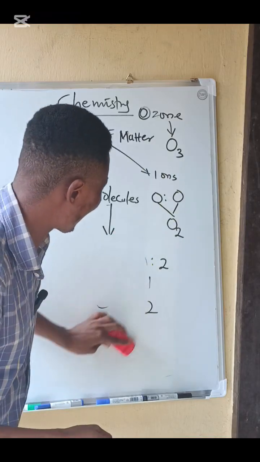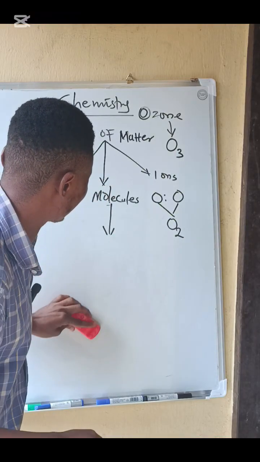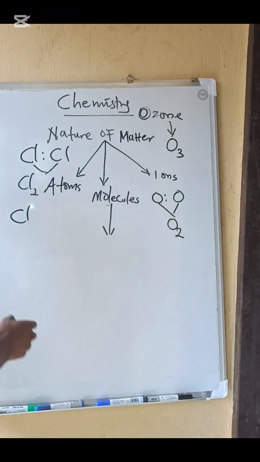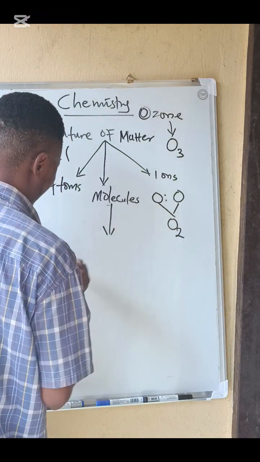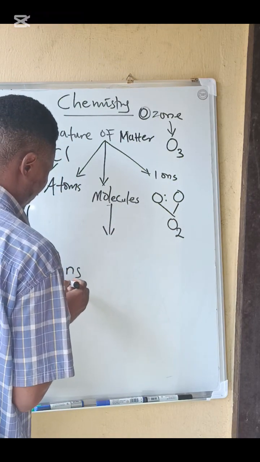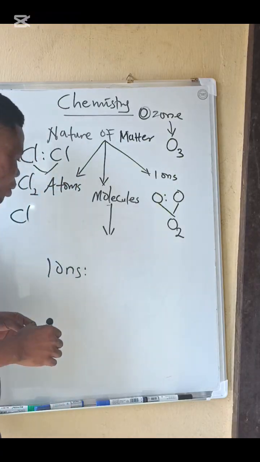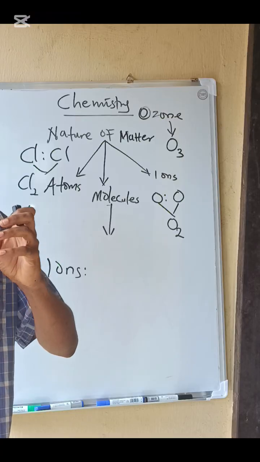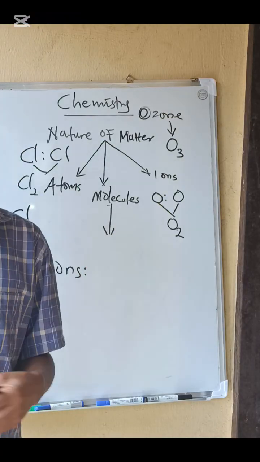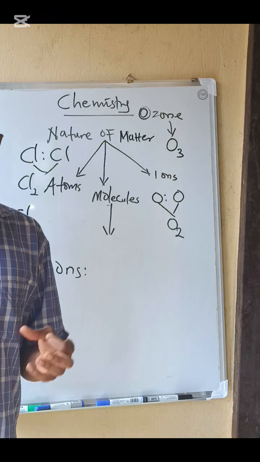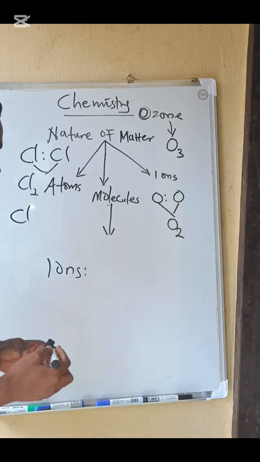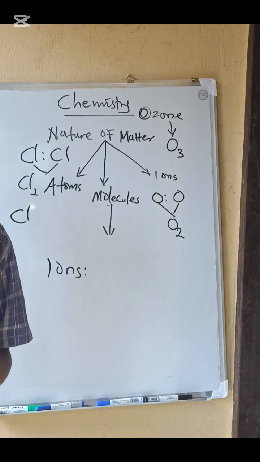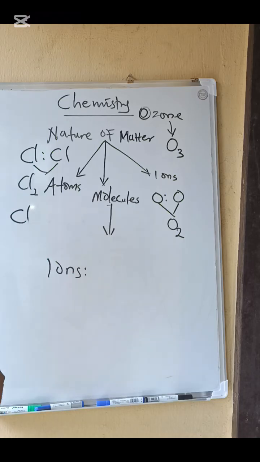So let's look at ions. What is the meaning of ions? An ion is an atom or group of atoms that carries an electric charge.